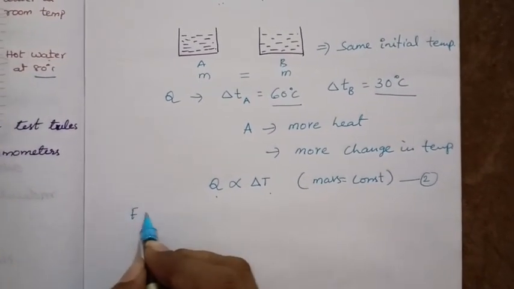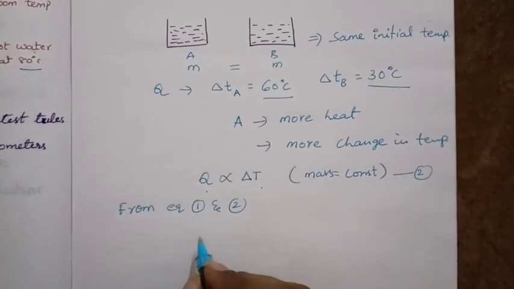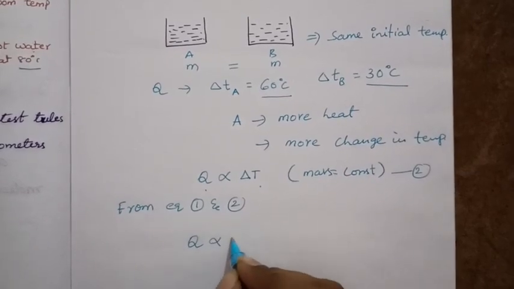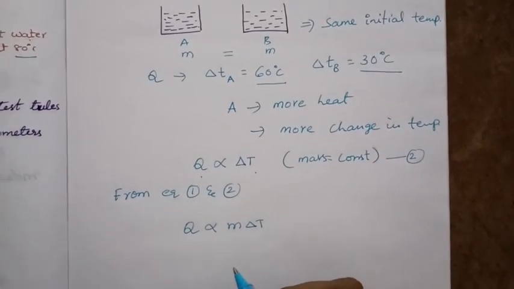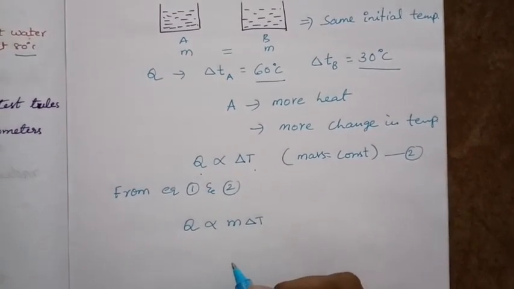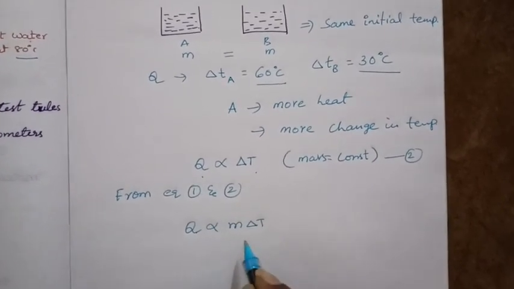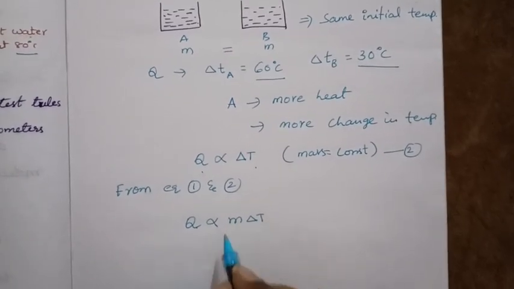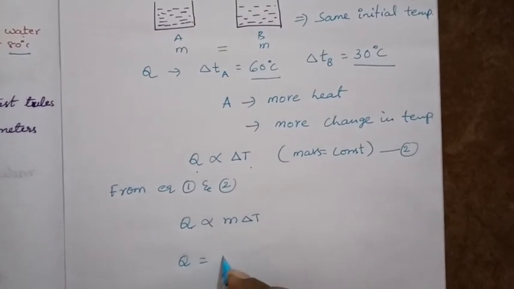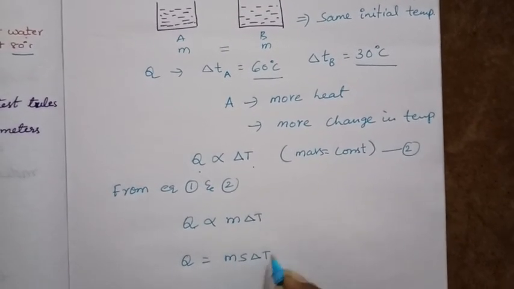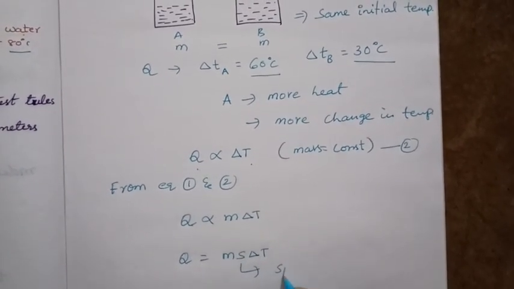From equation 1 and 2, we can write that the amount of heat depends on mass and change in temperature. From this we can write Q is directly proportional to m delta T. To remove this proportionality symbol, we take one constant, so Q equals m s delta T. S is the proportionality constant.